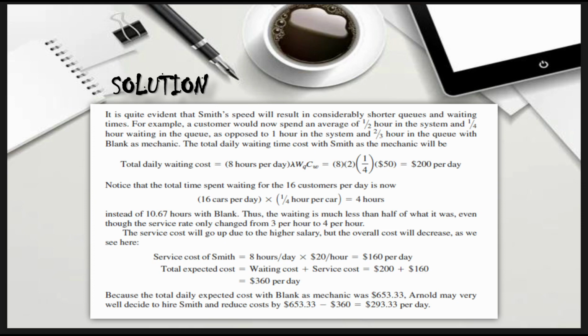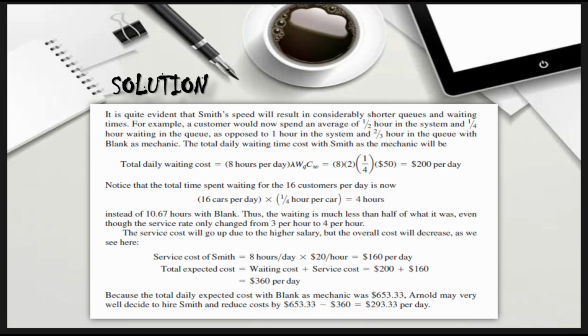For example, a customer would now spend an average of 1/2 hour in the system and 1/4 hour waiting in the queue, as opposed to 1 hour in the system and 2/3 hour in the queue with Blank as mechanic. The total daily waiting time cost with Smith as the mechanic will be: total daily waiting cost is equal to 8 hours per day times arrival rate times WQ times CW.